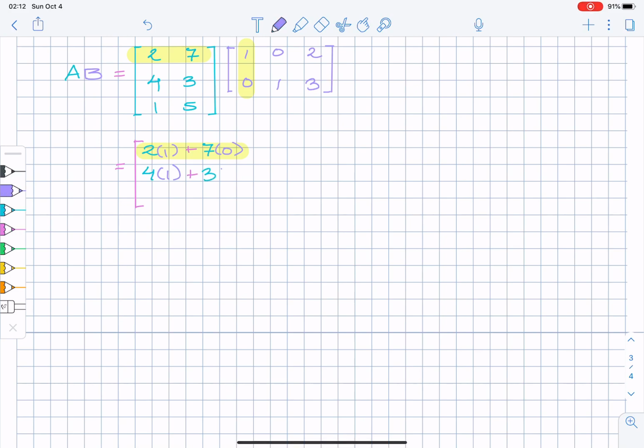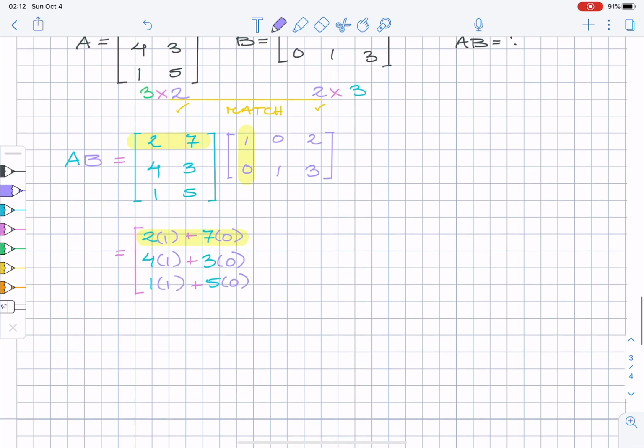However, I'm in the second row. So the rows are from A, the columns are from B. Then if I go to the third row and first column, it'll be 1 times 1 plus 5 times 0. So those are the entries in the first column.